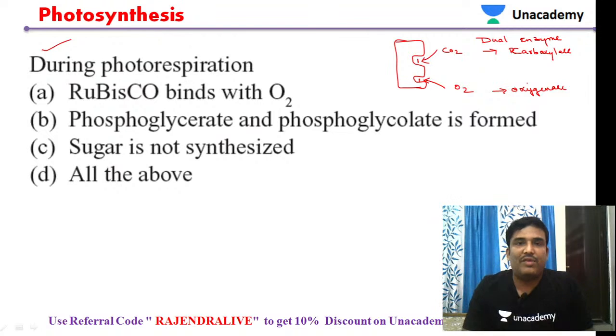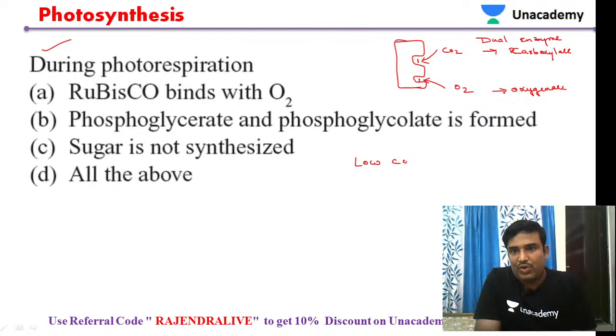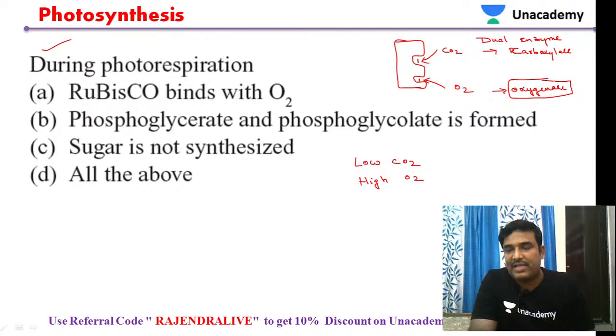During photorespiration, a low amount of carbon dioxide is present. Low concentrations of carbon dioxide and high concentrations of oxygen favor the enzymatic activity, that is, oxygenase. Because of that reason, photorespiration takes place.